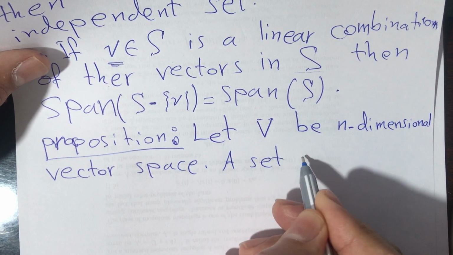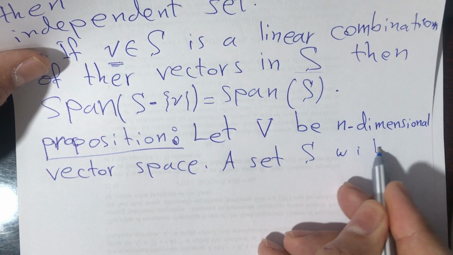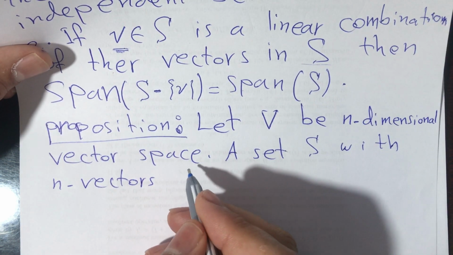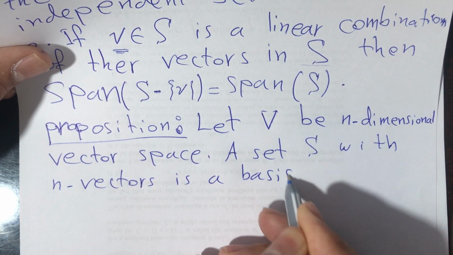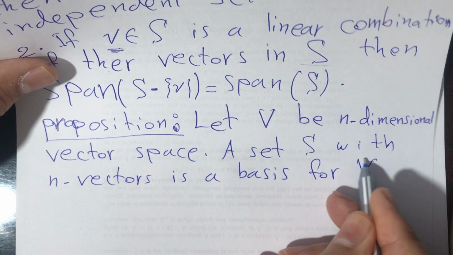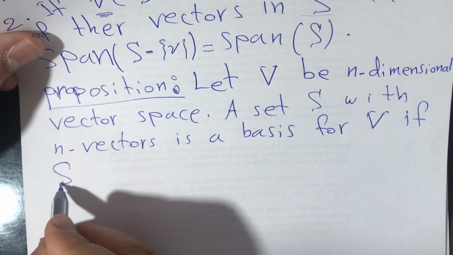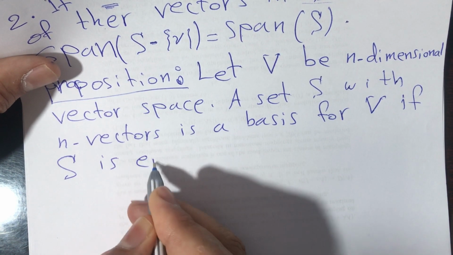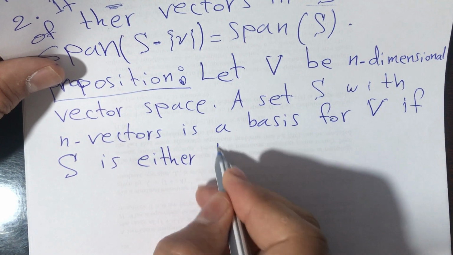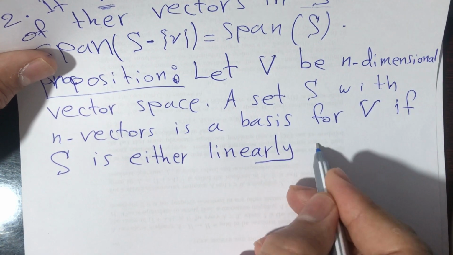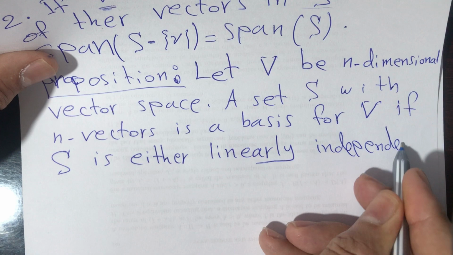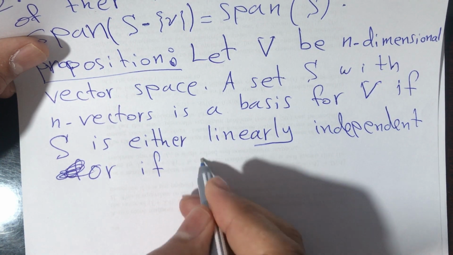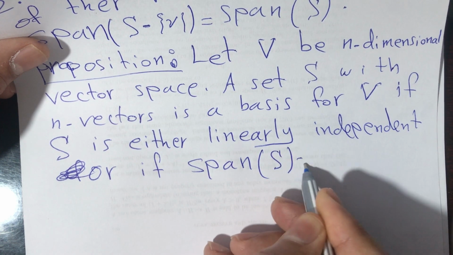A set S with n vectors is a basis for V if S is either linearly independent or span S is equal to V.